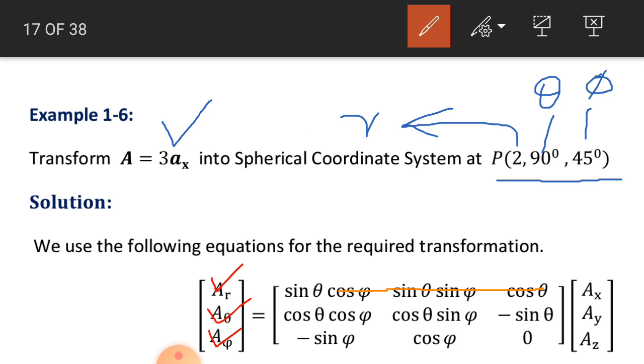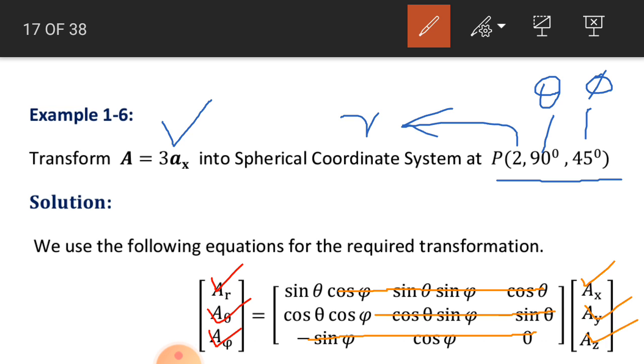In the second row, we have cos theta cos phi, cos theta sin phi, and minus sin theta. And in the third row, we have minus sin phi, cos phi, 0. And over here we have the x component of this vector, which is 3, the y component, which is 0, and the z component, which is 0 as well.